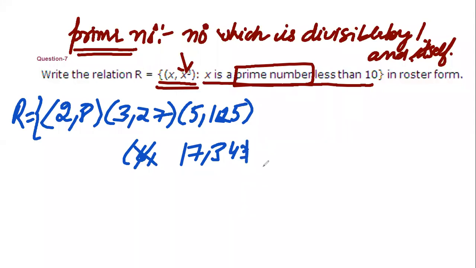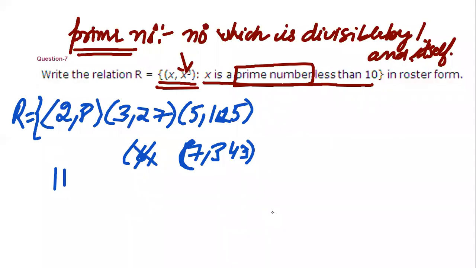What will come corresponding to 7, son? 343. Then next 8, should 8 be input? No ma'am. 9? No ma'am. Okay, tell me, 11. Ma'am, we should take only less than 10.